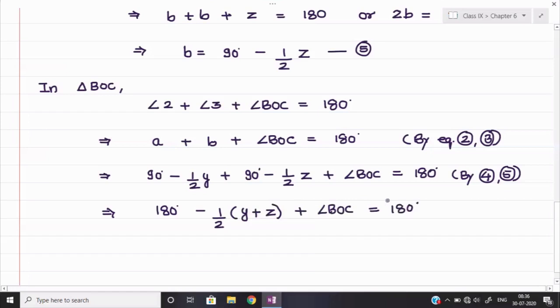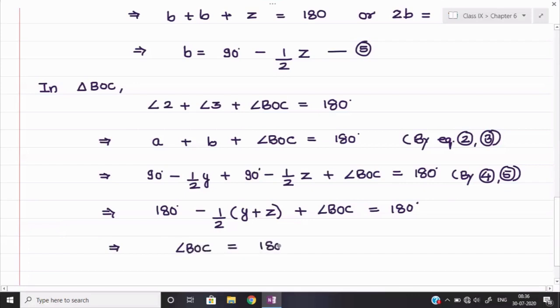Now we'll do one thing. These two terms, 180 and minus 1 upon 2 into y plus z, we shall take onto that side. So here it will remain only angle BOC, and you see in the answer we require on the left hand side only angle BOC.